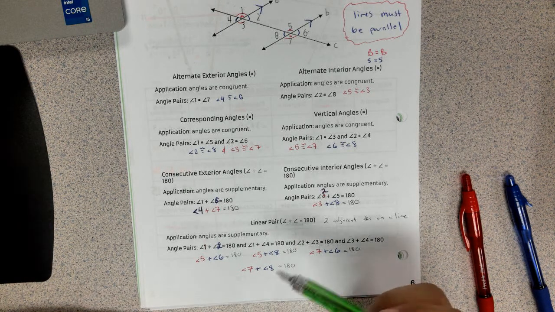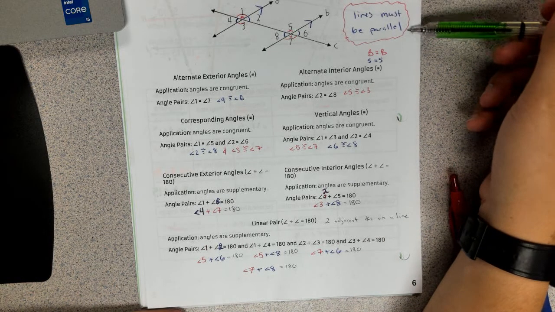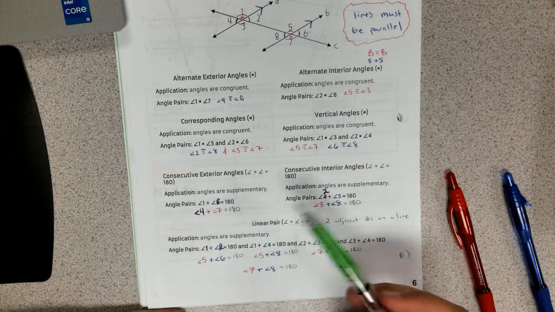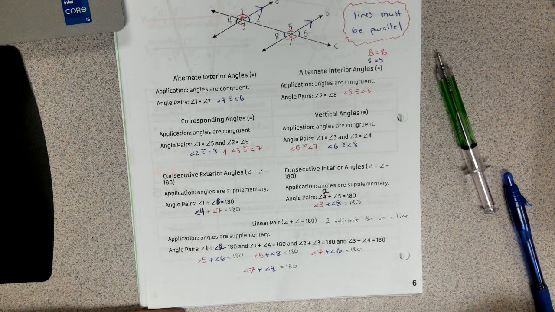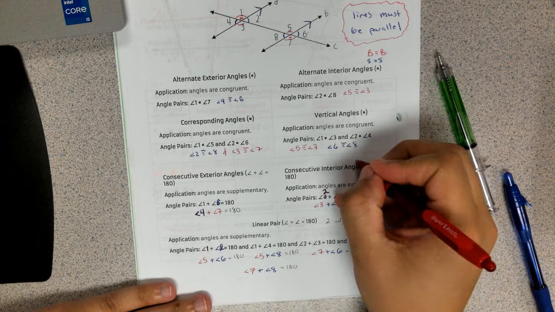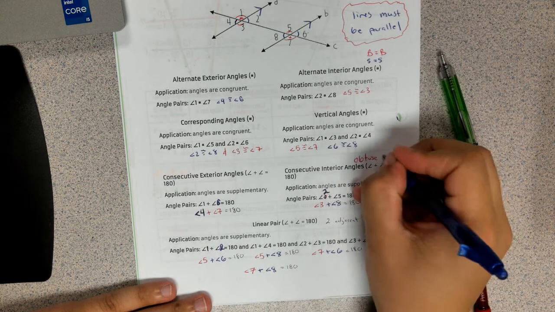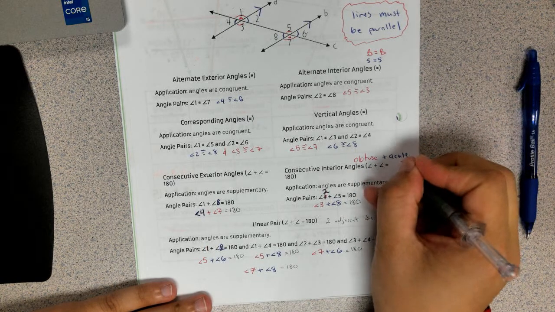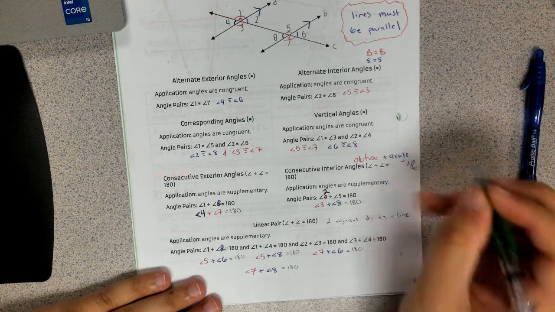Okay? So again, the key thing is that lines must be parallel. But for our consecutive exterior, consecutive interior, and our linear pair, we're looking for that obtuse angle. So obtuse plus acute is going to equal 180.